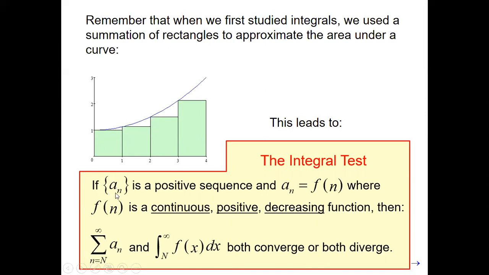So if I have a series with an a sub n term, and it's a positive sequence of numbers, I should say, but we would be adding these up for a series. As long as we call that a sub n term a function, and if that function's continuous, positive, and decreasing on the interval from n to infinity, then if the integral from n to infinity converges, then this series will converge.